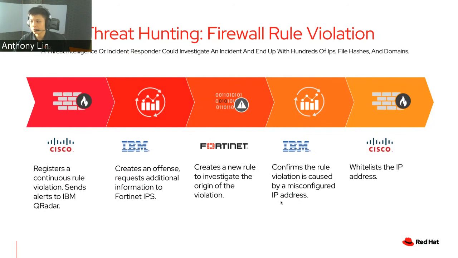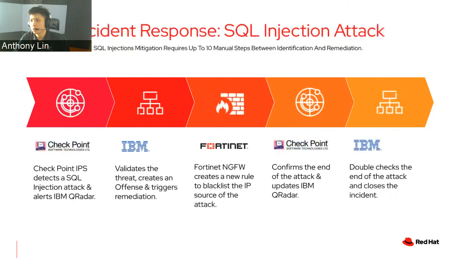We confirm whether there is a misconfiguration, and we just want to make sure that the IP address is whitelisted in this case. Obviously, if there is something wrong with the IP, like a DDoS attack, we can always get the firewall to black hole the traffic that's coming in. So in this case, it will help to thwart the attack.